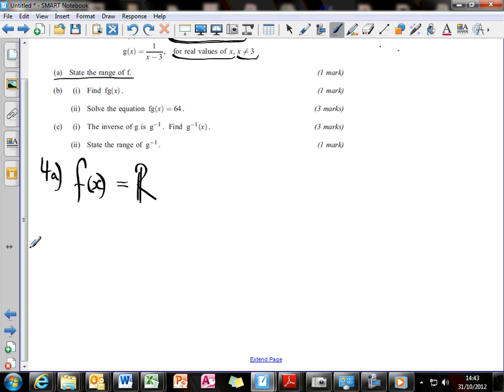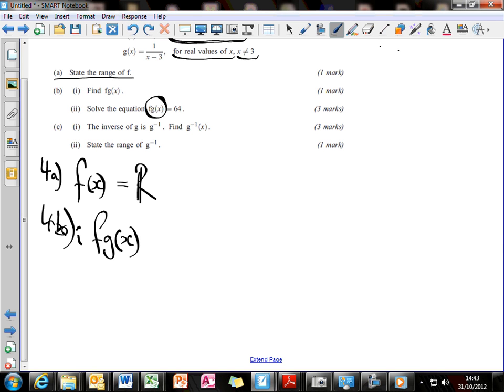Solve the equation fg of x equals 64. So first of all, we've got to do this composite function, work out what that is, and put it equal to 64, and then solve it. So we're doing 4b, part 1. We want to find out what fg of x is.